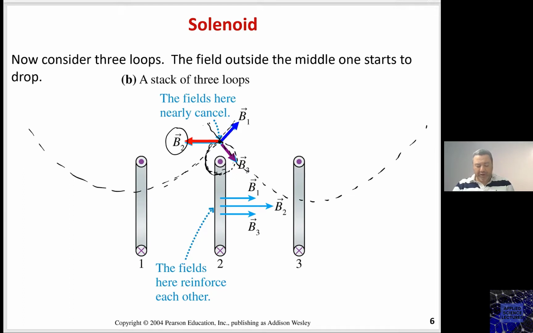So now I'm looking at this point right here. It will be the superposition of those three magnetic fields, B2 from loop number 2, B1 from loop number 1, and B3 from loop number 3. Notice the direction of the magnetic field. So right at this point, the B2 will be opposite.